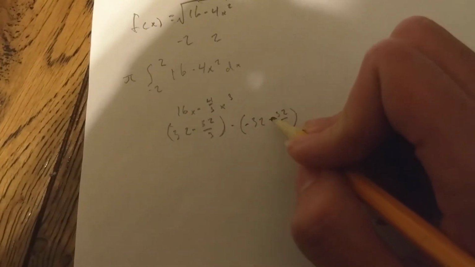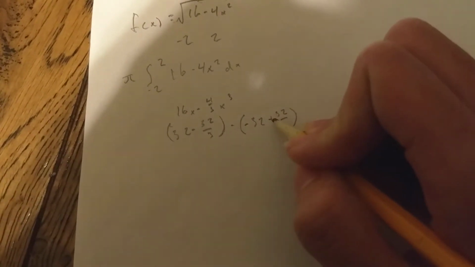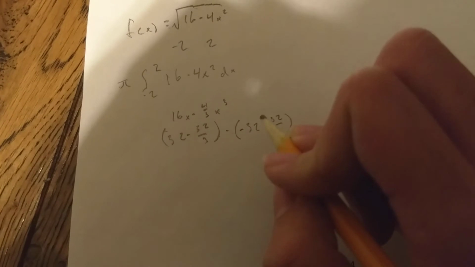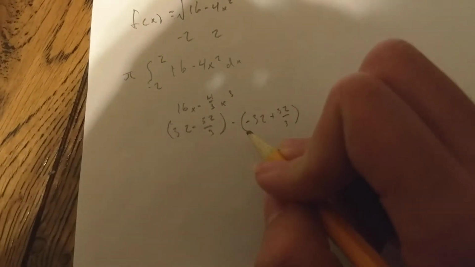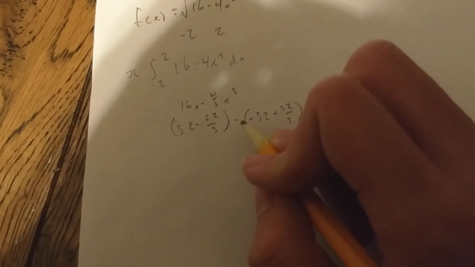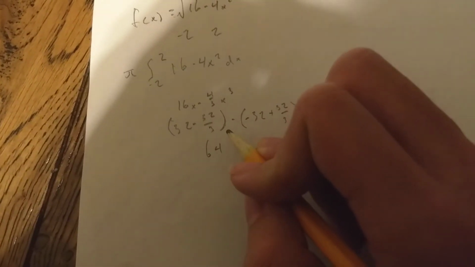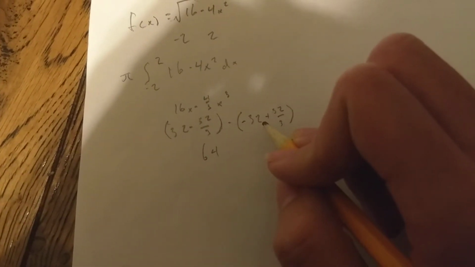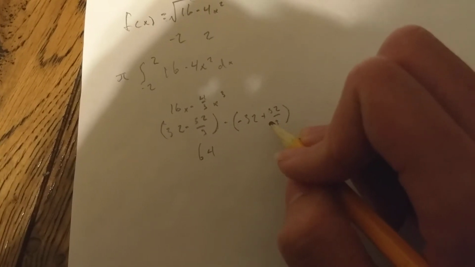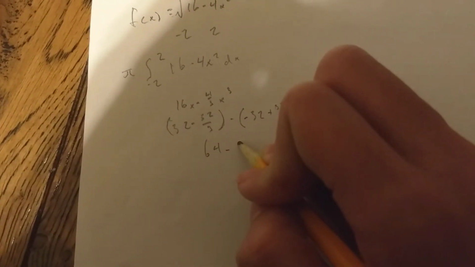Whoops, I'm stupid. This should be an addition sign. Whoops, okay. Just pretend that never happened, alright? And so because of that, though, 32 minus -32 is 64. And then -32 over 3 minus 32 over 3 is minus 64 thirds.